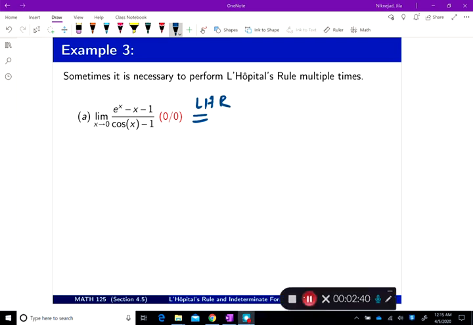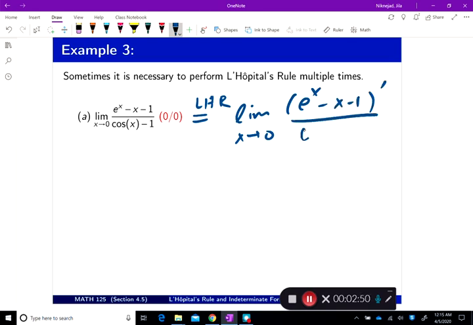According to L'Hopital rule, this is going to be the limit as x approaches 0 of the derivative of the entire numerator over the derivative of the entire denominator. Don't forget the limit, otherwise it's not going to be the same thing.